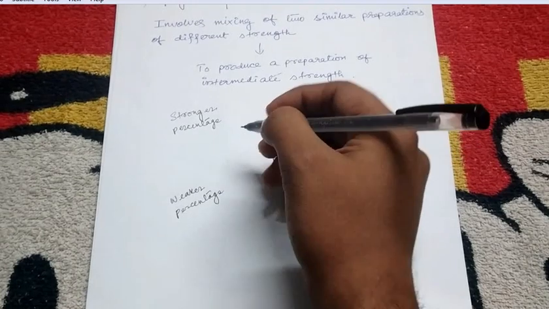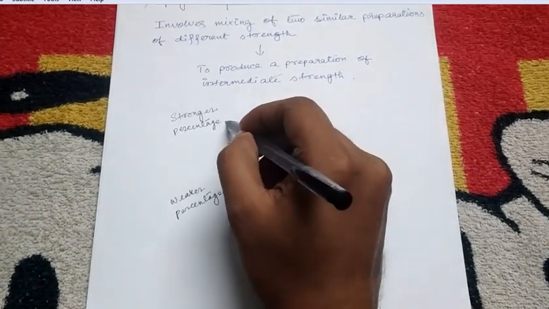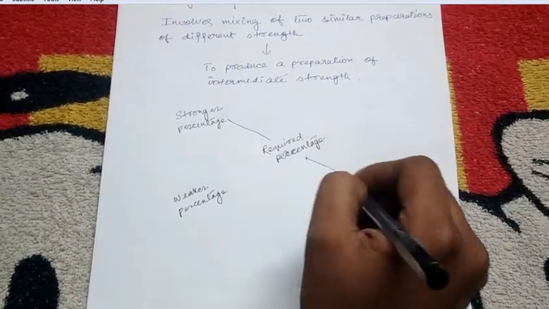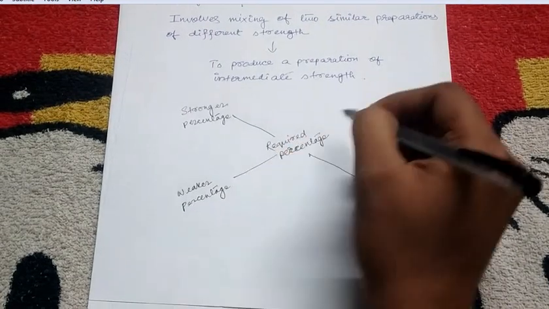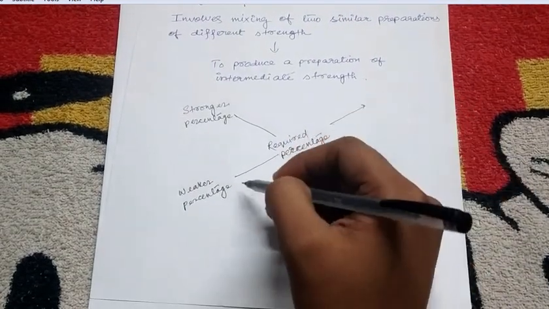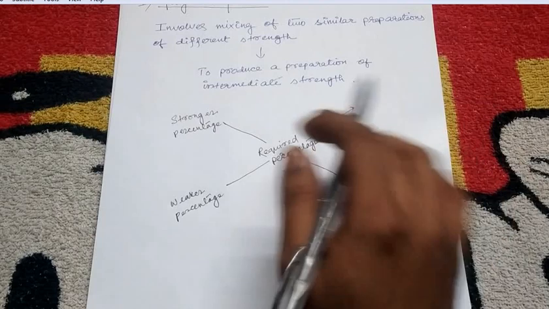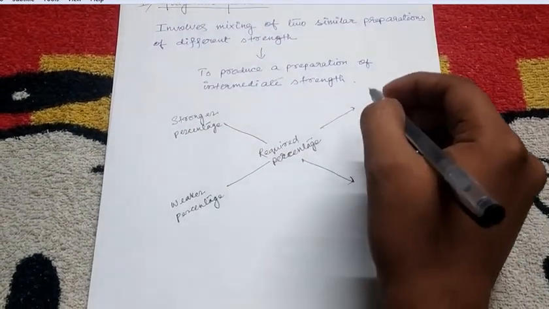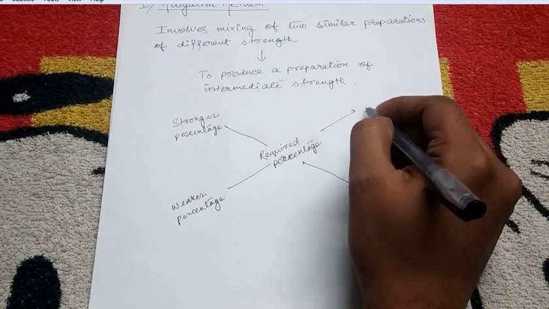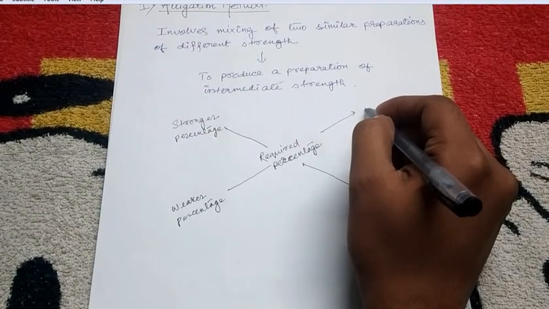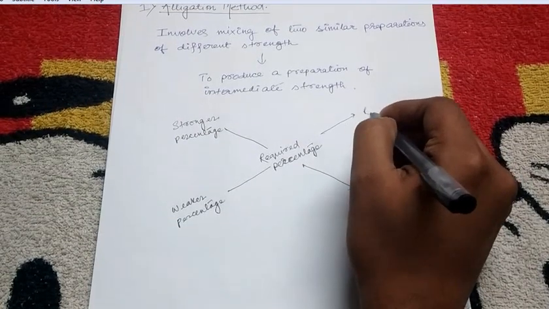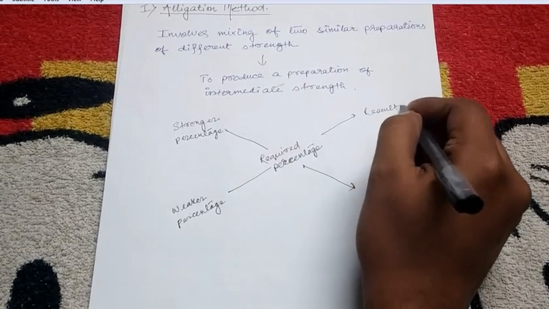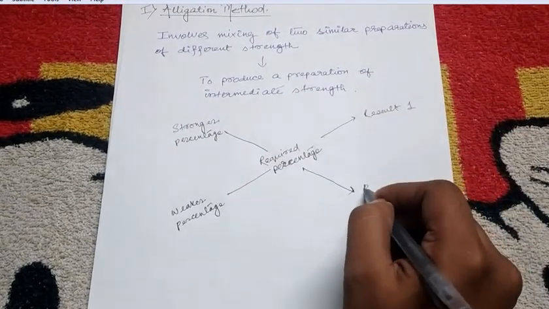Now what we have to do is subtract the weaker percentage from the required percentage and the stronger percentage from the required percentage, and what we get is the results. Suppose we get result 1 and result 2.